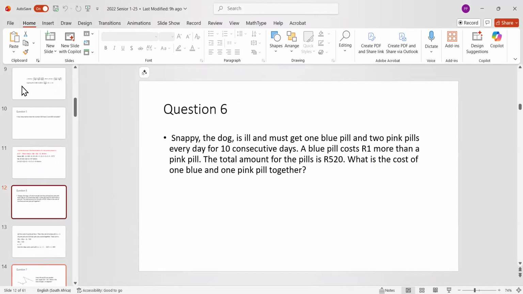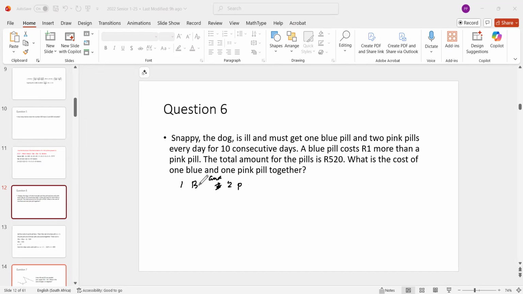Okay, that takes us to question 6. Snappy the dog is ill and must have 1 blue pill and 2 pink pills, for 10 consecutive days.